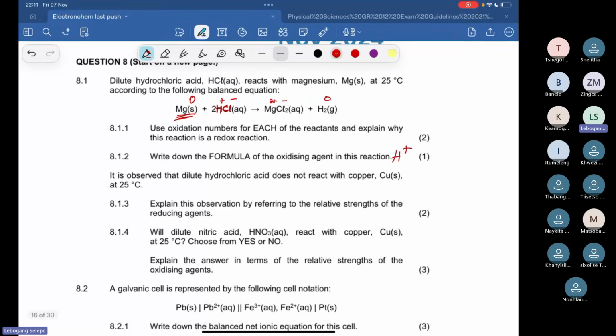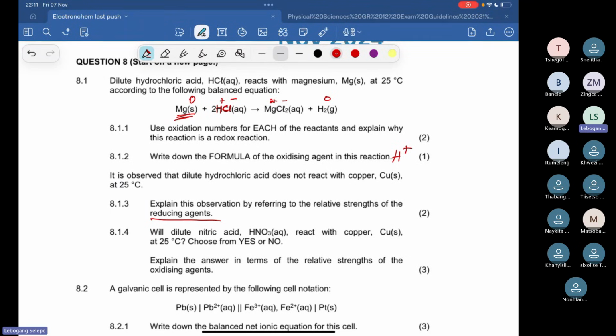So let's move on. It is observed that dilute hydrochloric acid does not react with copper at 25 degrees, right? Explain this observation by referring to the relative strength of reducing agents. You see, in 2024, they said they should explain using reducing agents. I'm telling you guys, there's no way that this question, where you need to explain using either oxidizing or reducing agent, won't be there.